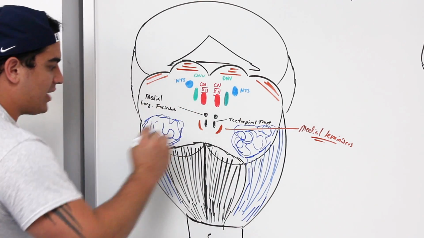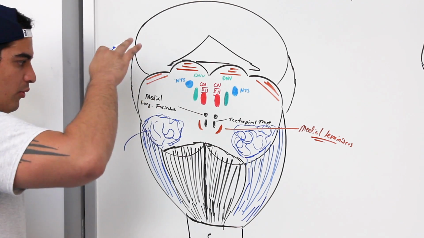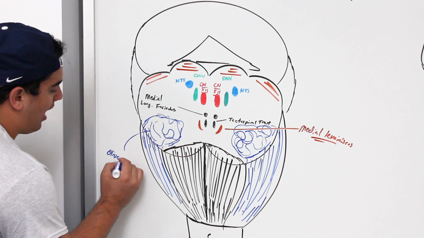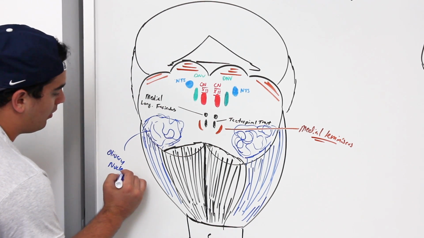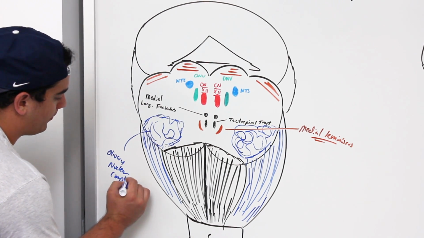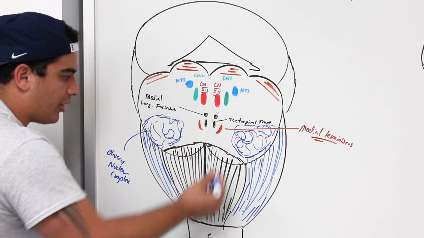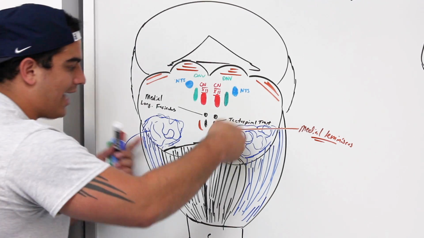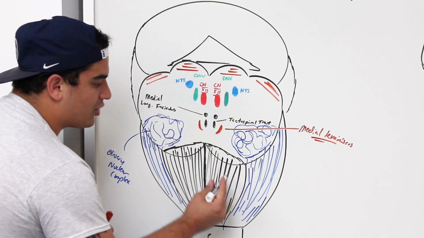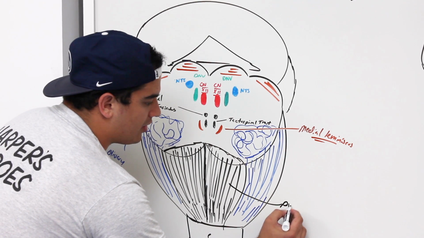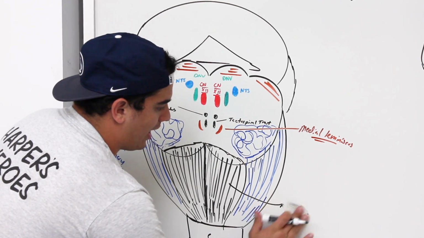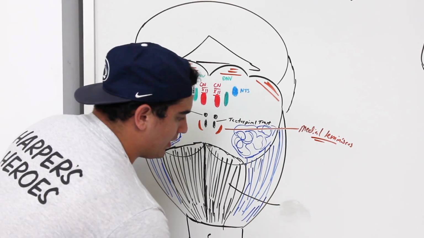Depending upon what level it is on, it would determine whether it's a little bit more superior or inferior. But we're going to say that this is the olivary nuclear complex. And then these black structures here, consisting of the descending corticospinal pathways, where they decussate, are the pyramids. So these are the pyramids.